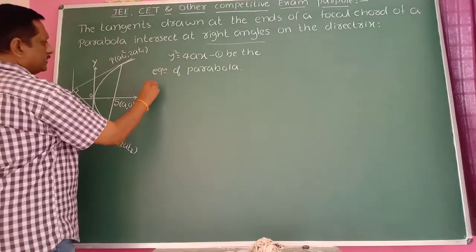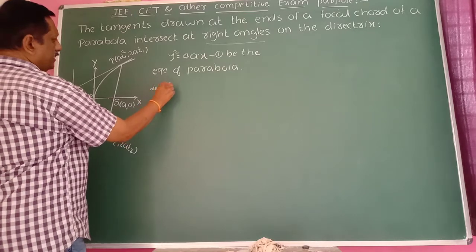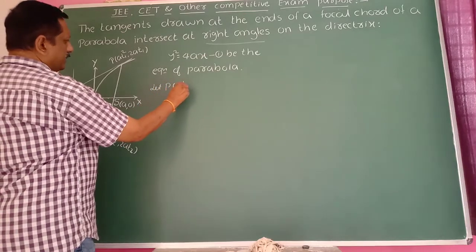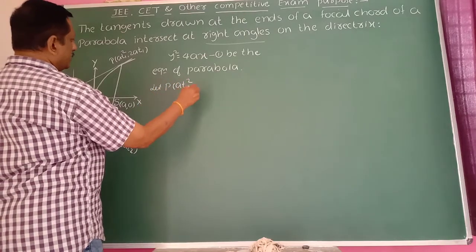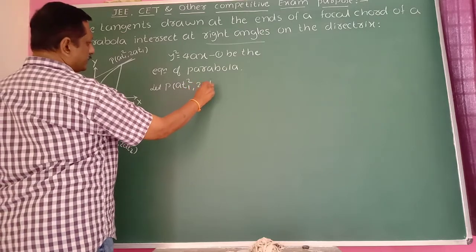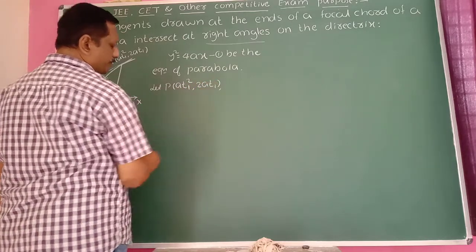Okay, so let P be (at1², 2at1) and Q be (at2², 2at2), parametric points here.